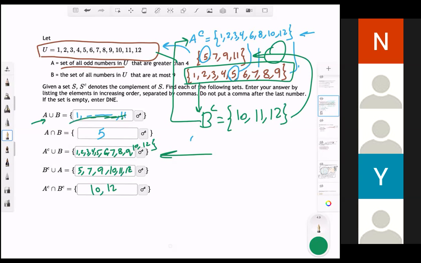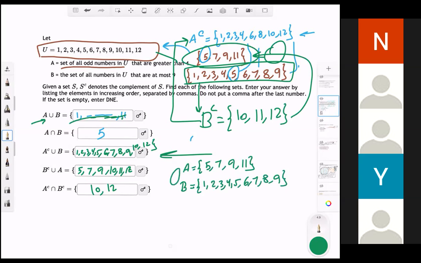So we have set A, which is 5, 7, 9, 11. I get it from here. I have set B is 1, 2, 3, 4, 5, 6, 7, 8, 9. Now I'm going to union them. I'm going to add them.